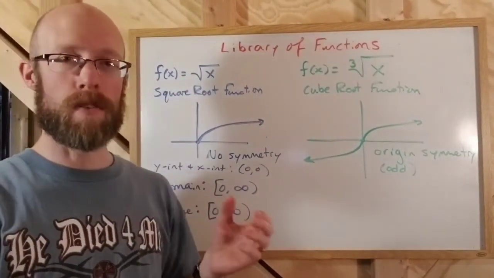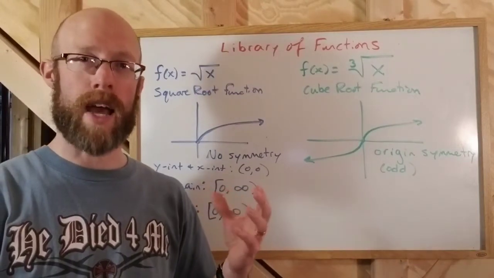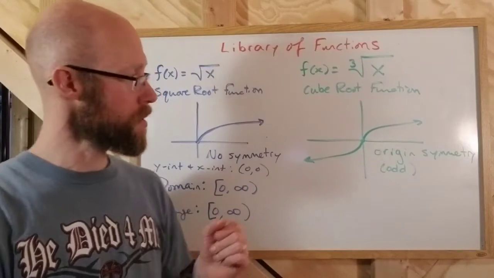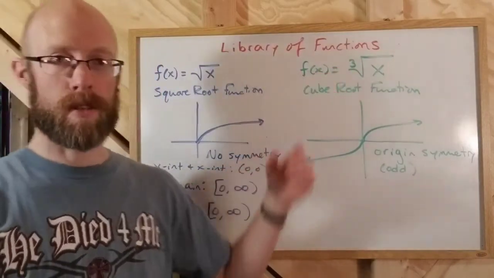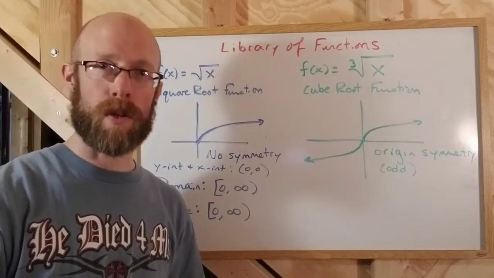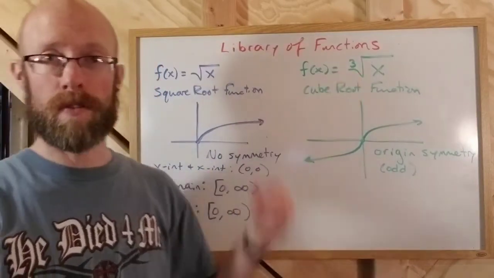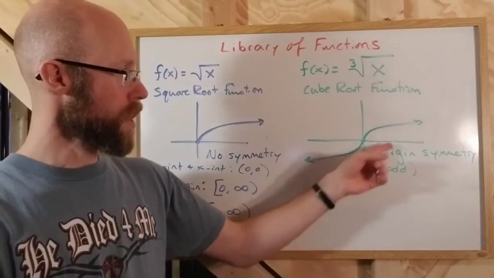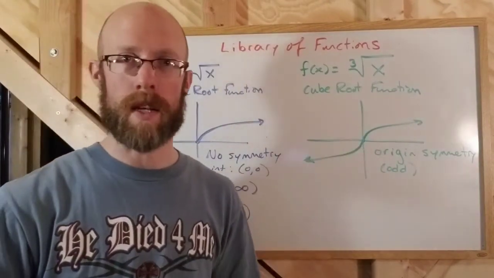They all have even powers on x, which makes them symmetric with respect to the y-axis. The odd powers, things like your x to the 1, x to the 3, x to the 5, cube root of x, those odd powers and roots are going to have origin symmetry, generally speaking.